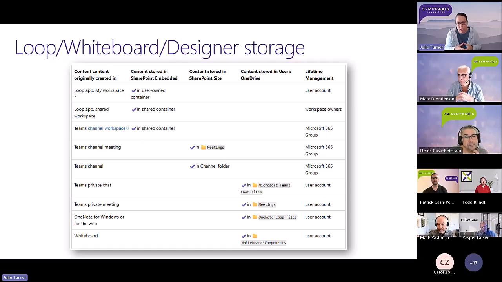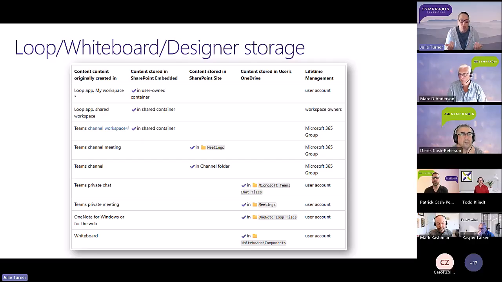SharePoint embedded is a newish, about 2 years old offering from Microsoft that is basically a headless SharePoint site that has all the benefits and goodies of SharePoint in the sense of retention policies, and it inherits all the tenant settings that you have, but it's a container that you can only access via API, so you can build your own user interface for it.